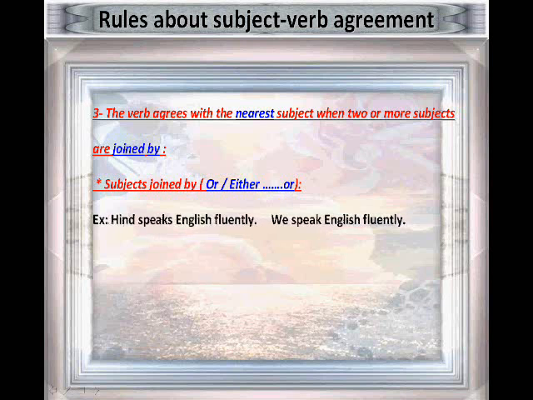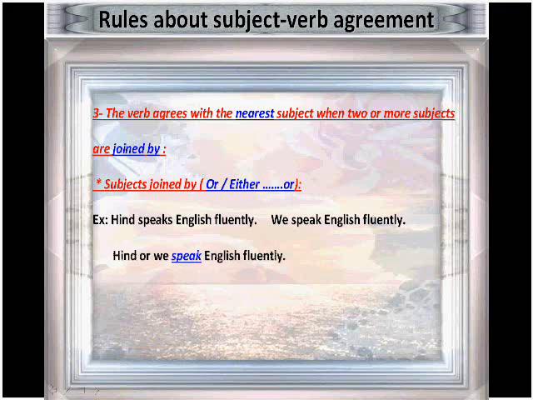So we have Hind speaks English fluently, we speak English fluently. Of course here Hind is singular, then the verb took S because it agreed with the singular subject. We is plural, so the verb is plural because it agreed with the plural subject. If we join these two sentences using or, then it's going to be Hind or we speak English fluently.